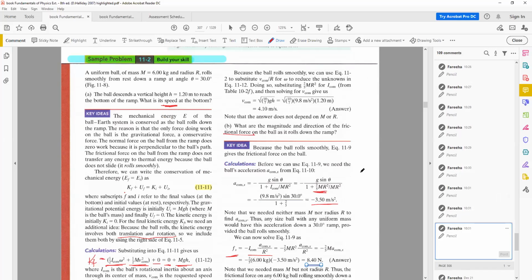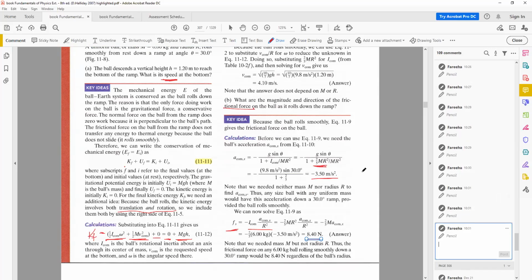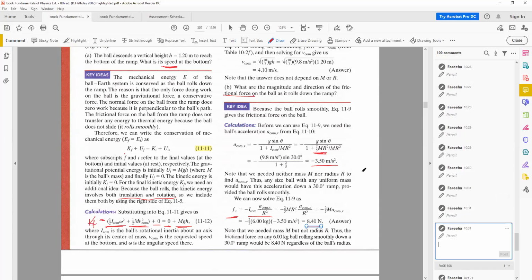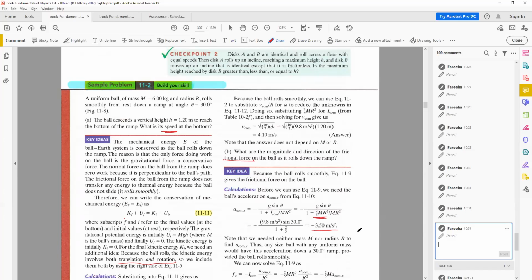In this case, we use the value of M, which is given, 6 kg. We use the value of a_COM, which we calculated, and the rest is just a multiplication. So we have found these values, and the problem is not really difficult.